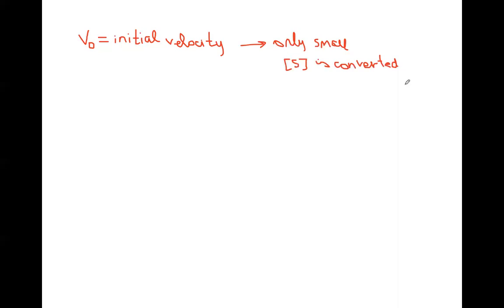Okay, and so for the concentration of the substrate, you can use the initial concentration of the substrate. You don't really need to know what it is at that particular moment, because very little of it is converted. So you can just use the starting concentration of the substrate. So that simplifies things a whole lot.